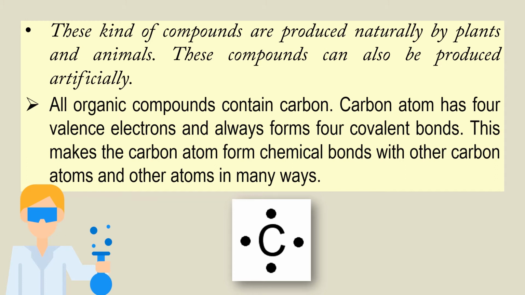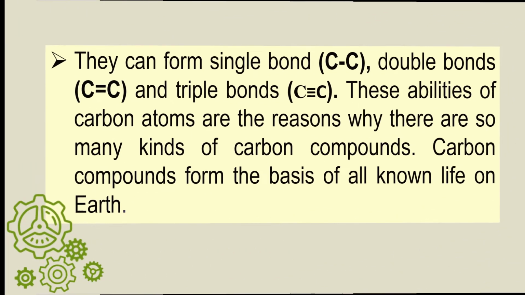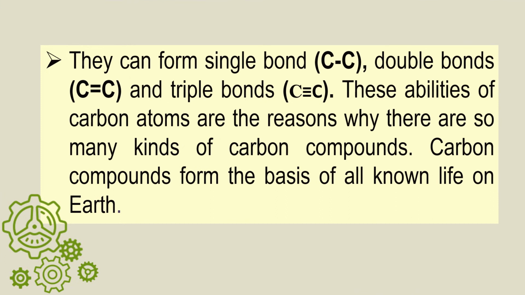Carbon atom has 4 valence electrons and always forms 4 covalent bonds. This makes the carbon atom form chemical bonds with other carbon atoms and other atoms in many ways. They can form single bonds, double bonds, and triple bonds, as you can see in the structure.